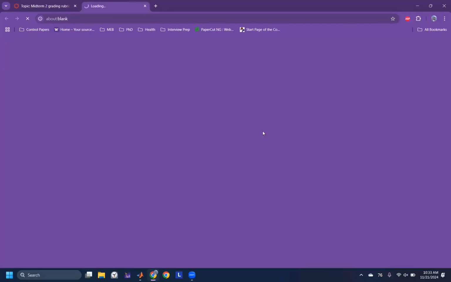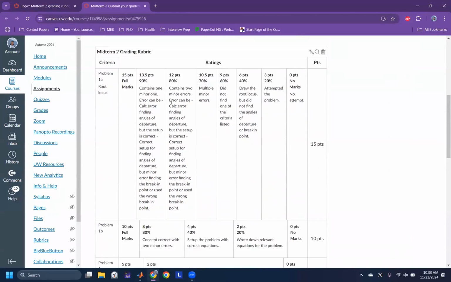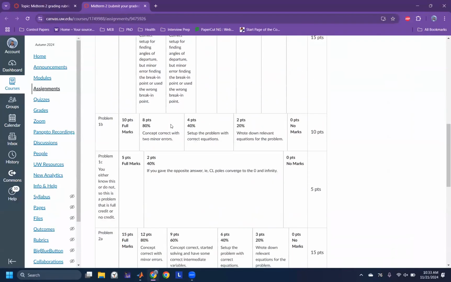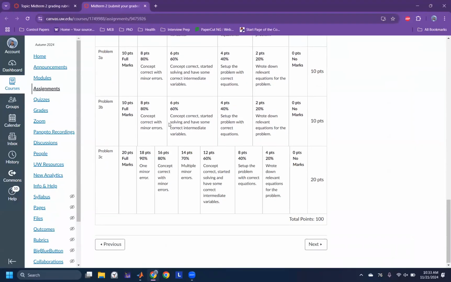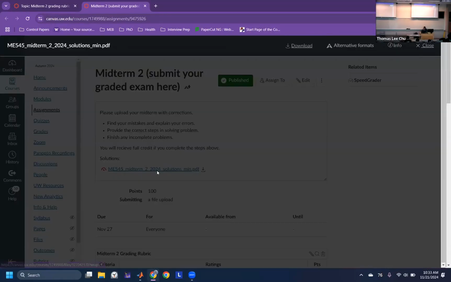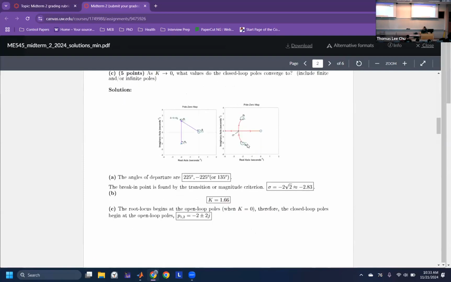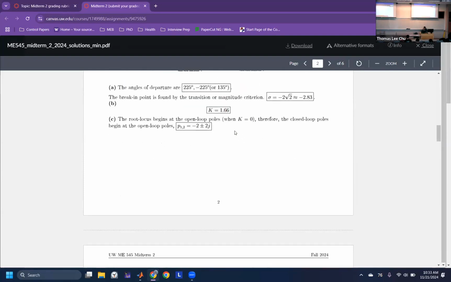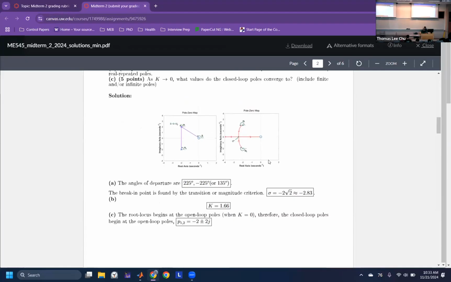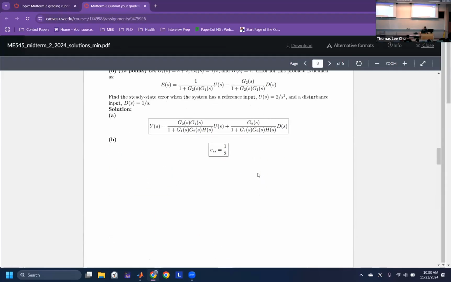So I have uploaded the rubric right here. You can use this as a reference point for grading your exams for problems 1 through 3. And then here are the solutions. I only gave really the answer, but not the middle steps. So in the middle steps, you have to figure out where you went wrong, but then you have the answer as a reference if you did it right or not.